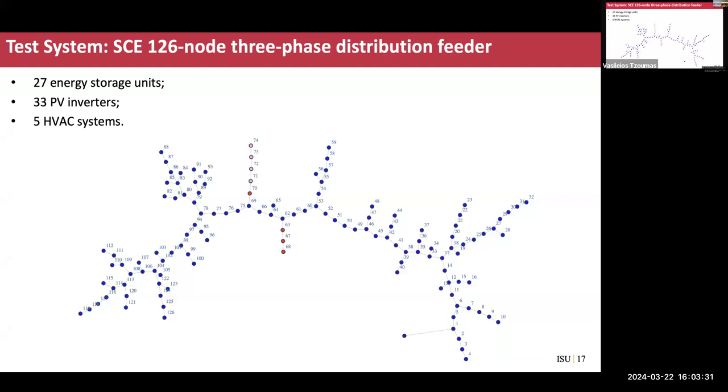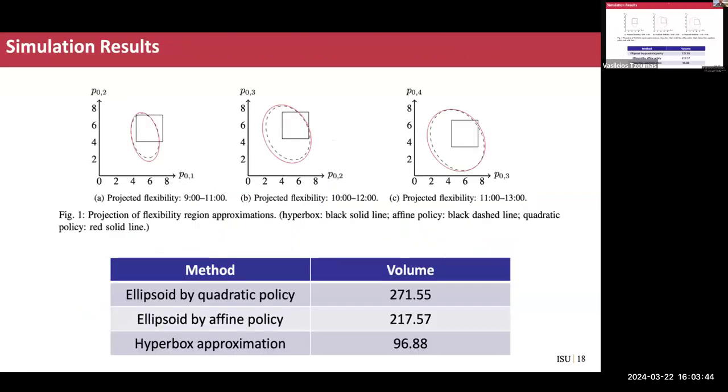So this is a three-phase unbalanced system, and we put a number of different DERs in the network. We have 24 energy storage units, 33 PV inverters, and 5 HVAC systems. We run this aggregate flexibility characterization for 4 time periods, and we get this 4-dimensional ellipsoid to characterize their aggregate flexibility.